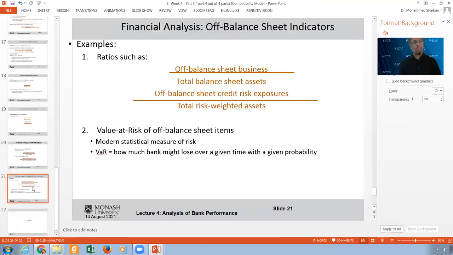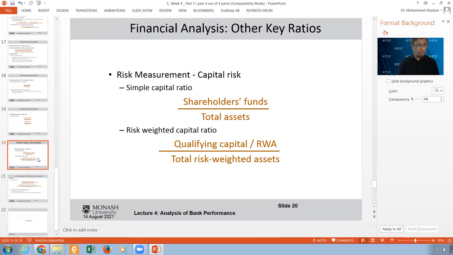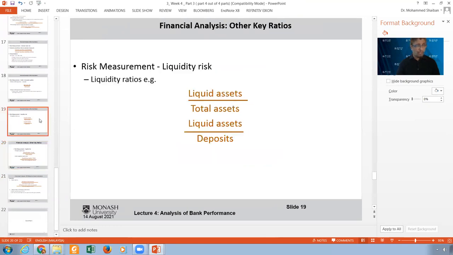And finally, we have off-balance sheet. Now, off-balance sheet, we have 2 measures. Of course, for this ratio, just to come back, it's very difficult to say. We want liquid assets to be high. We want this ratio to be high, but not very high, because if it is very high, it's an efficiency problem.